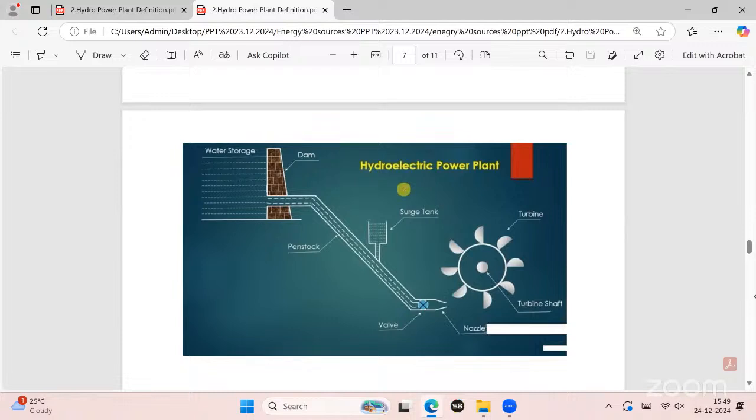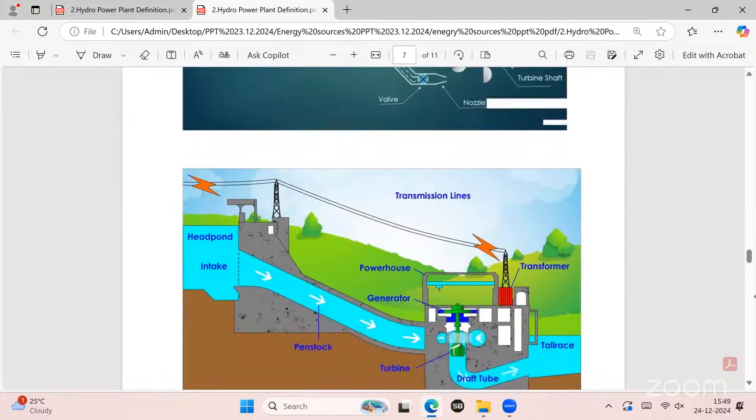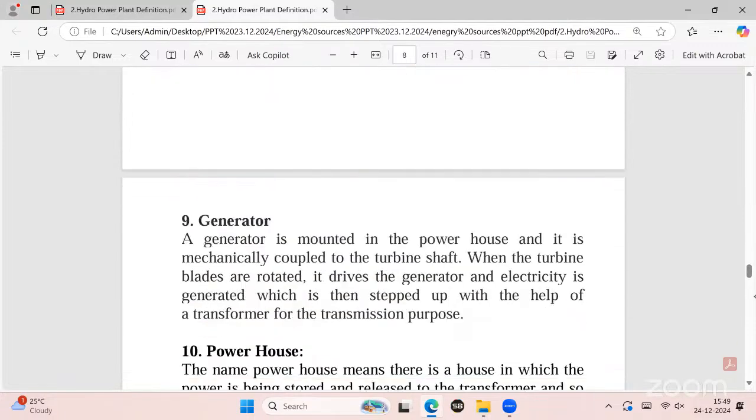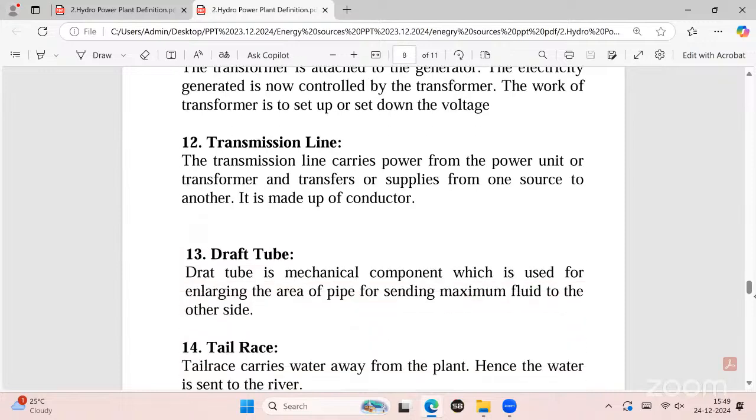Yesterday I told you, the turbine is connected to the armature so that the armature will rotate in the magnetic field, and EMF is induced in the armature. So this is the turbine. You can write on any one diagram, your wish. Generator, powerhouse, transformer, total 15.